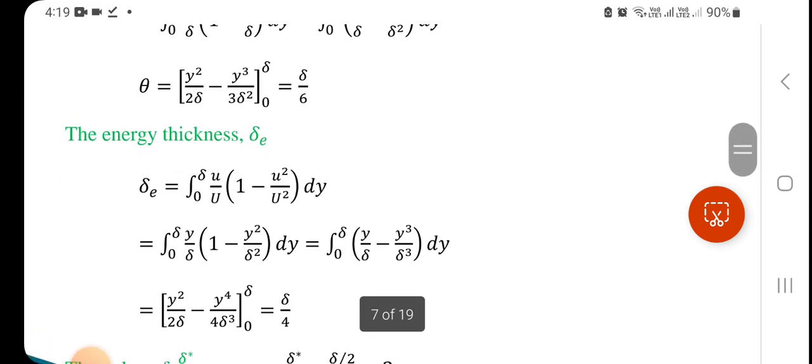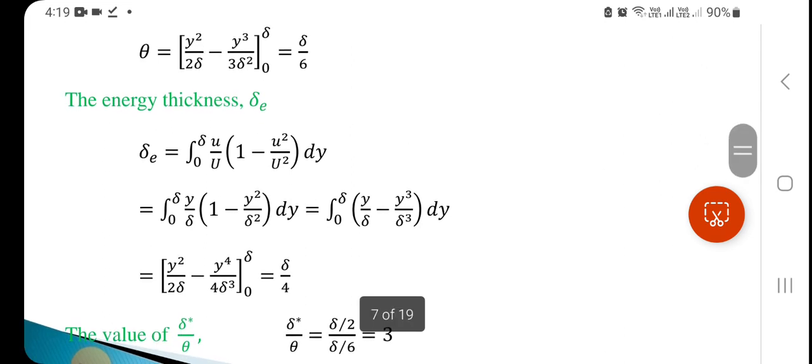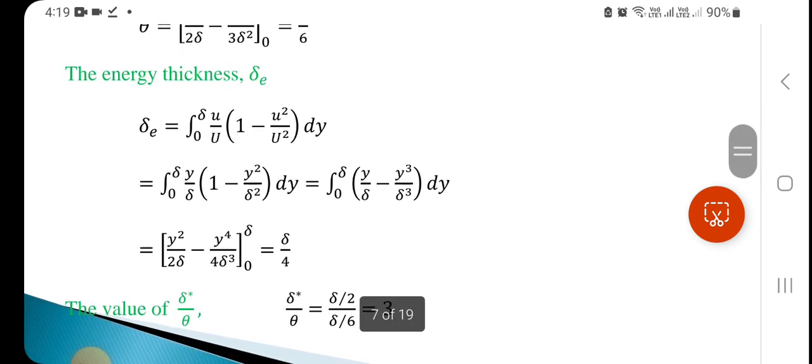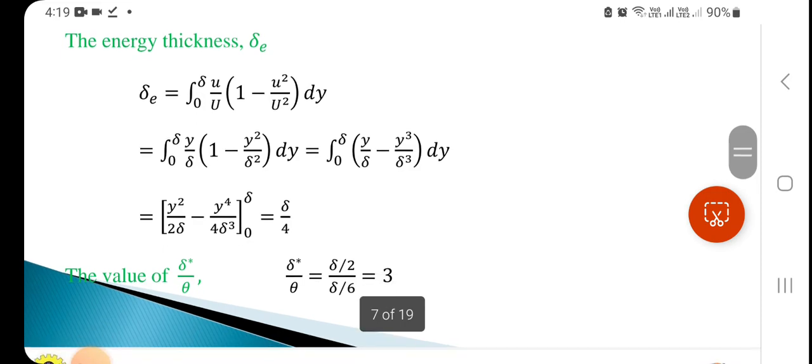Energy thickness, similarly delta E is given by integral 0 to del of u by capital U into 1 minus u square by capital U square into dy. From the question we know u by capital U is equal to y by del. So substituting the values of upper limit and lower limit, we get del by 4.